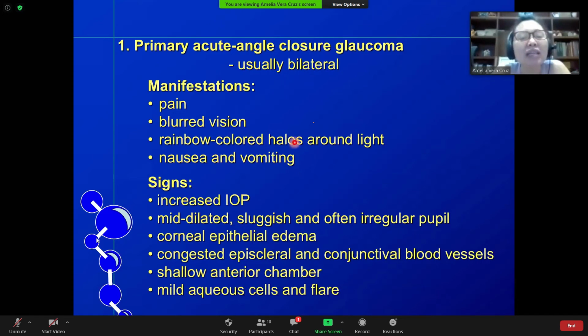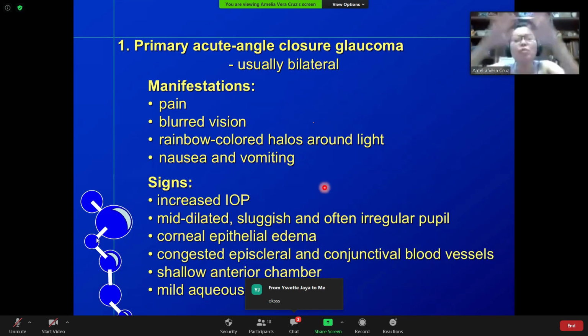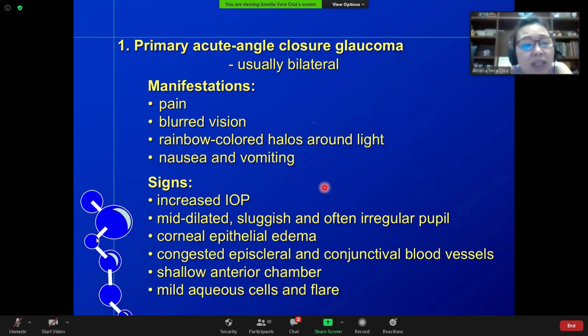Sudden. Then, colored halos around light. Nausea and vomiting. Bakit nga ba may color? Bakit rainbow-colored halos? Na-experience na ninyo yan? If you have allergic conjunctivitis, if you have sore eyes, makikita ninyo around the light may rainbow.